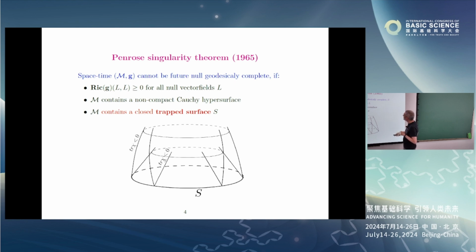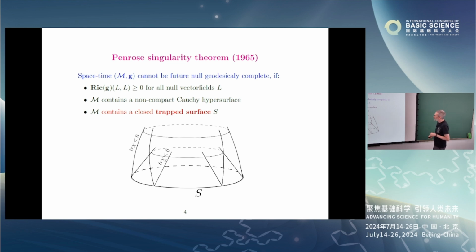Okay, so let me state what these 3 conditions are. The first is that the Ricci tensor, if contracted twice with the same null vector, is non-negative for any null vector fields. The second condition is that M contains a non-compact Cauchy hypersurface. In other words, your slice t equal to 0 extends to infinity. It's not compact.